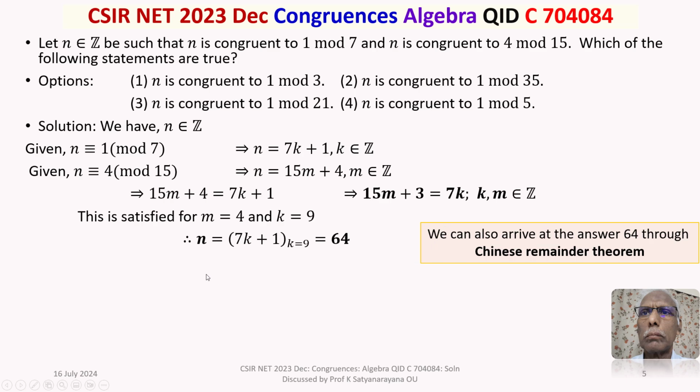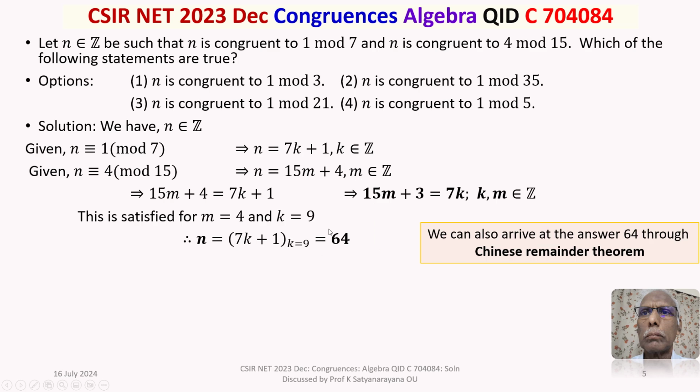Therefore, I have preferred to take this route. This method works if you have two very simple congruence relations, then it is not difficult to find k and m. So now we go to the options.